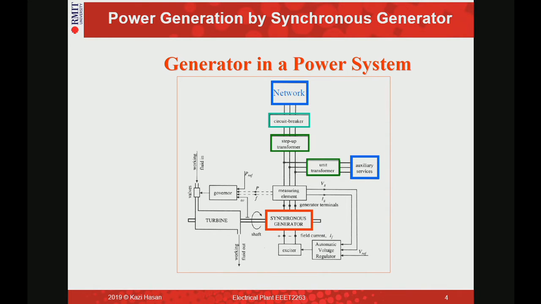I think you will study some of these in advanced power system or some other courses. So these two are controlling the synchronous generator voltage and frequency and operation and power, everything.